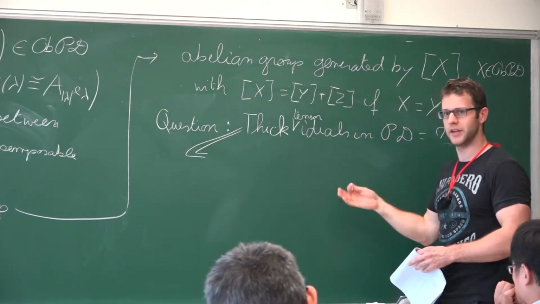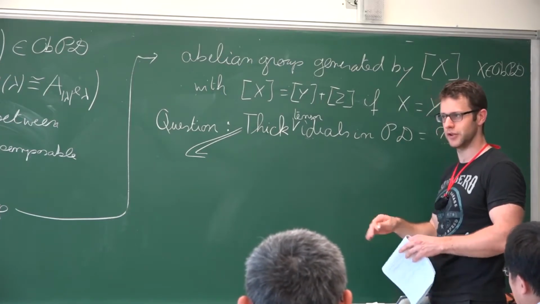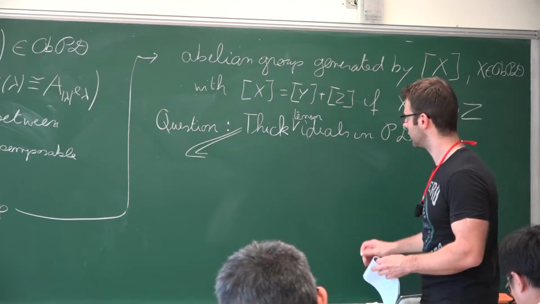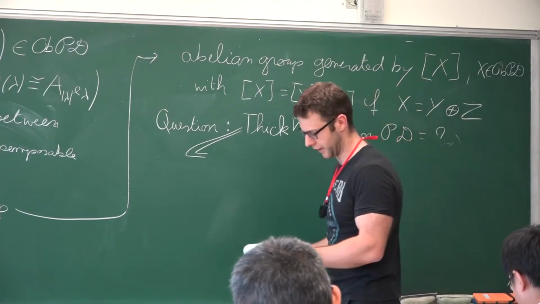Because a tensor ideal in a monoidal category is not an ideal in the most conventional sense of a category. So it's strictly speaking not an ideal in a category.